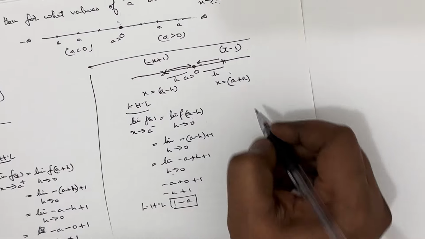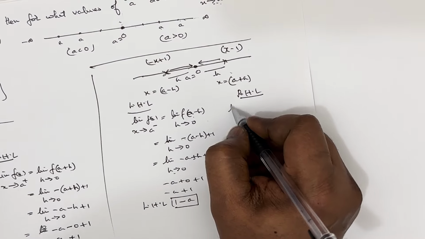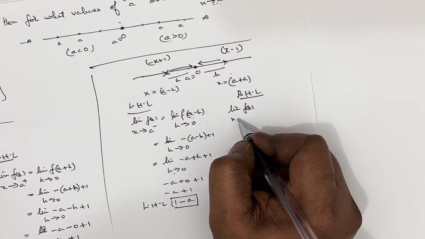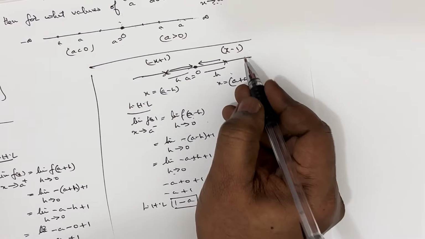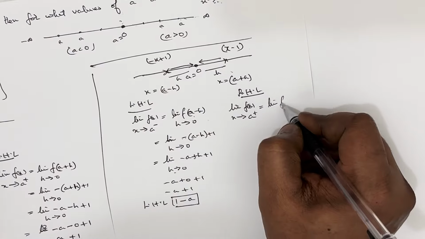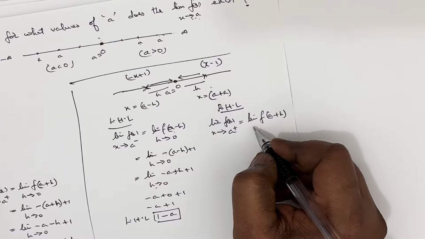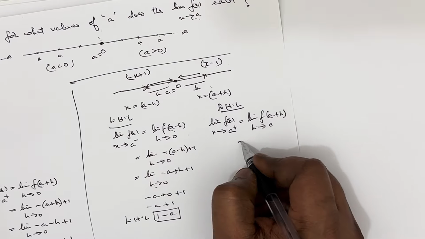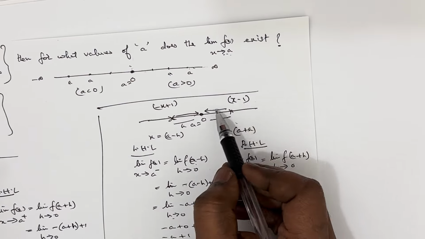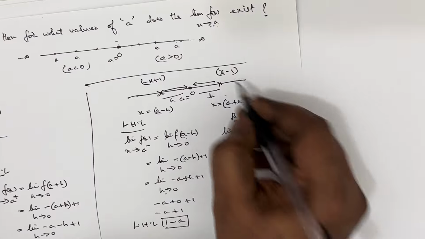Now the right-hand limit. The limit of the function as x approaches a from the right-hand side, a plus, is equal to the limit of f of a plus h as h tends to 0, where x is replaced with a plus h. Let's replace x in the function for the right-hand limit with a plus h.